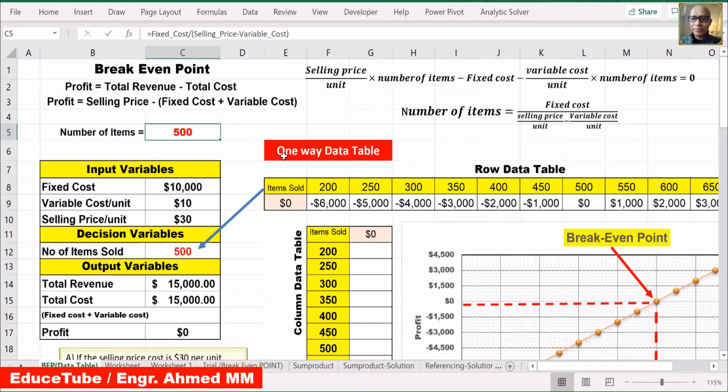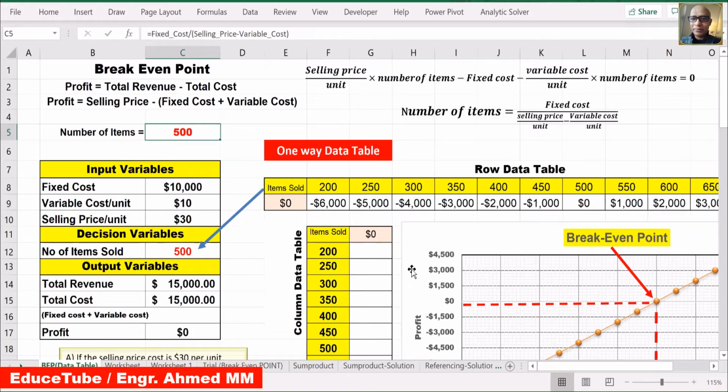And we use one-way data table and two-way data table, because as we know, a data table can be one-way or two-way. One-way means we change one input variable, and two-way data table means we change two input variables.